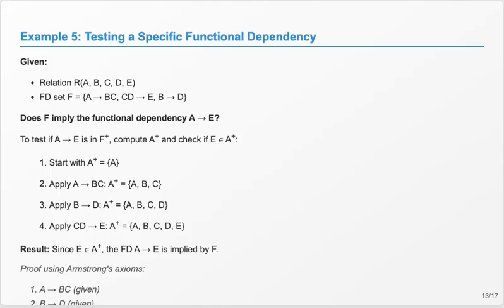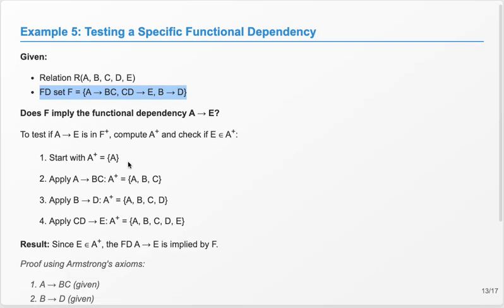So here's another example of testing a specific functional dependency. Now we need to check whether A determines E based on the given functional dependencies. And to do that, what do we need to do? We need to compute the closure of A based on the given set of functional dependencies, and then check whether the right-hand side, which is E, is contained in the closure of A. So we compute the closure of A by including A itself, and then we see that A determines BC.